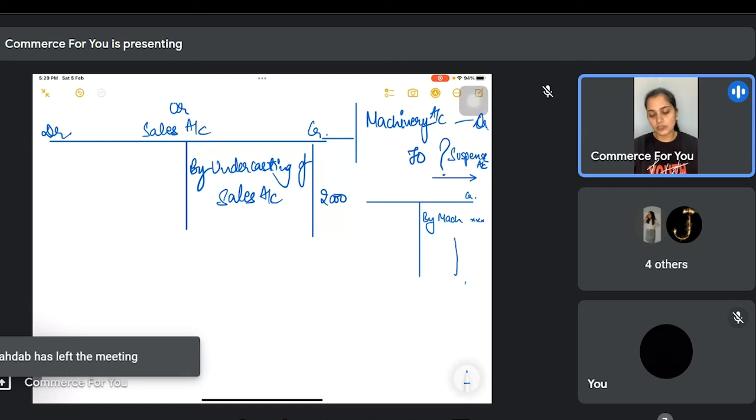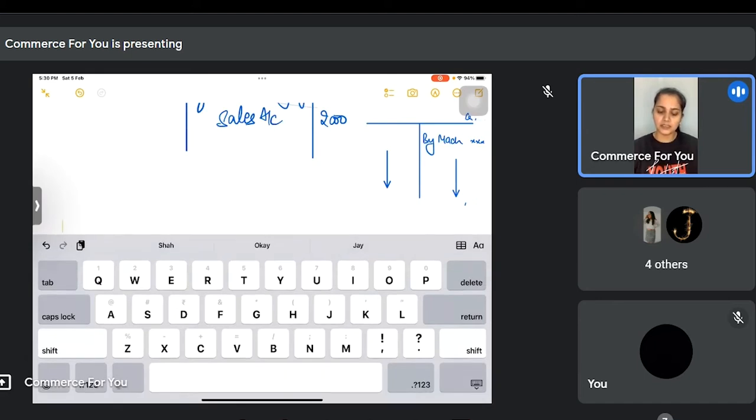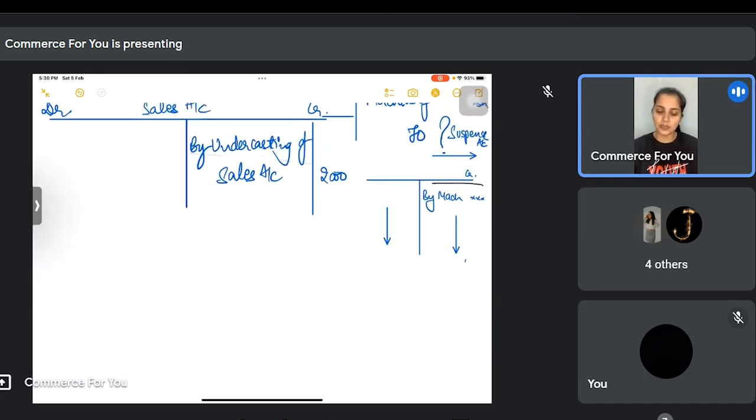Similarly, you're going to make correction in both the sides, like your debit and credit. But if they ask you what was the amount of errors affecting your trial balance, that means they ultimately want to know your opening balance of suspense. That can be debit or that can be credit as well.